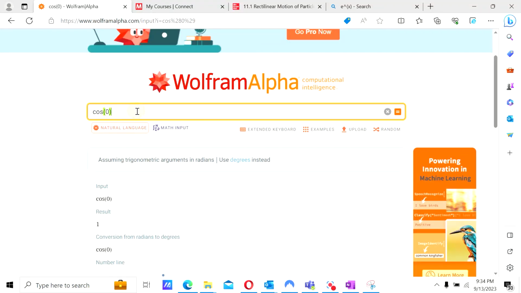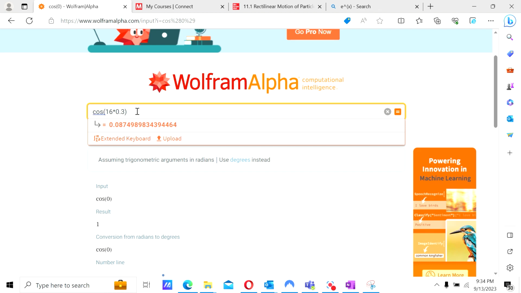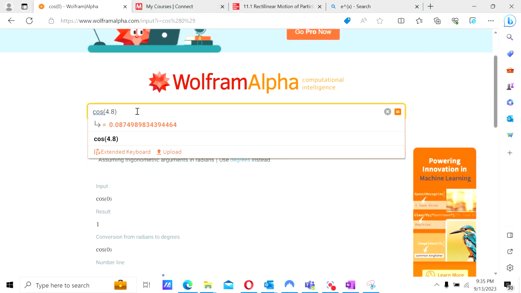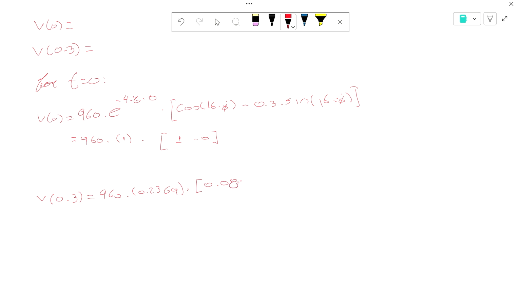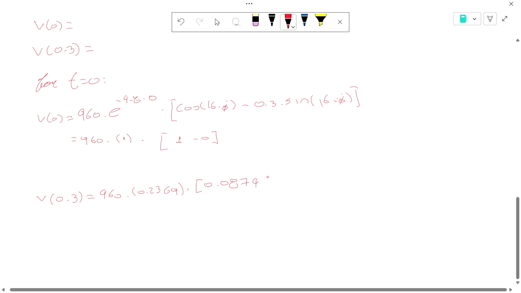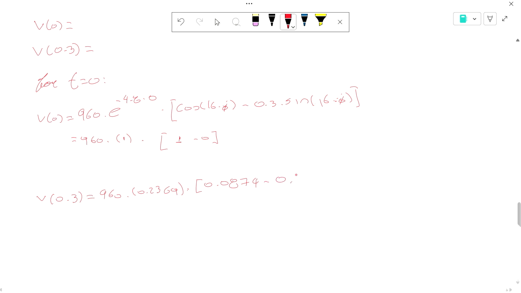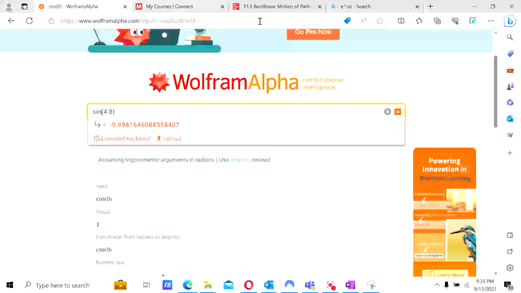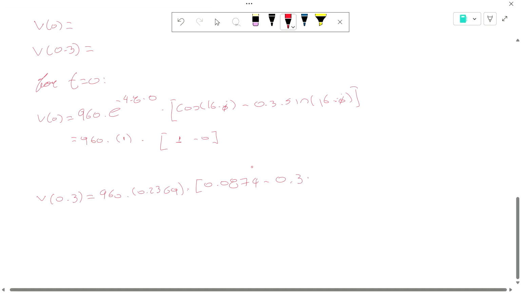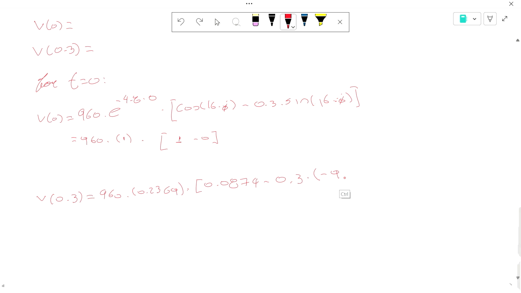Okay, and now let's do this. Cosine of 16 times 0.3 is, well, actually, this is 4.8. Cosine of 4.8 is 0.0874, minus 0.3 times sine, it's negative 0.9961.